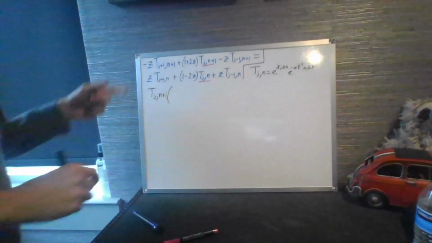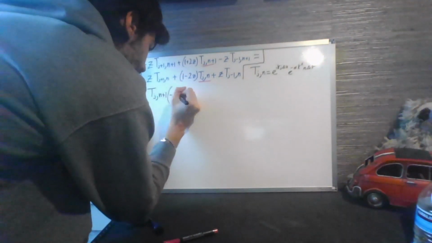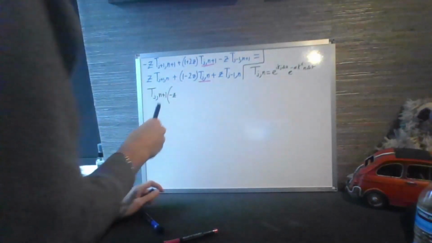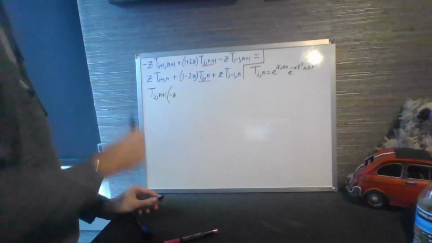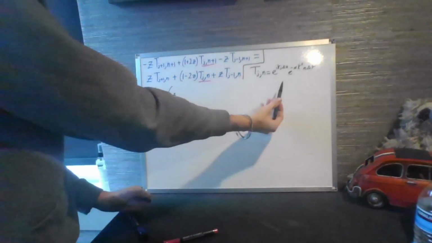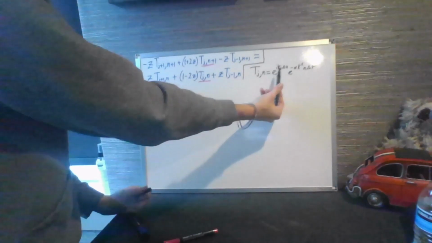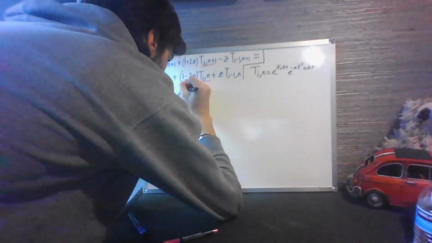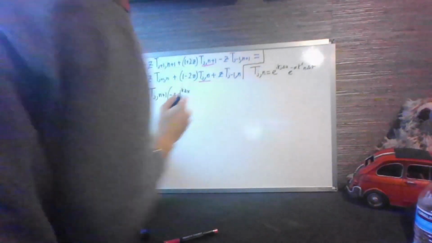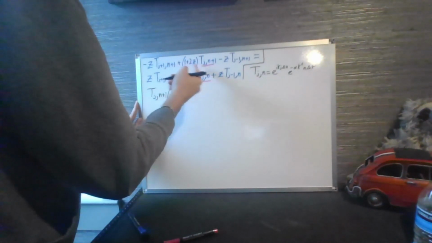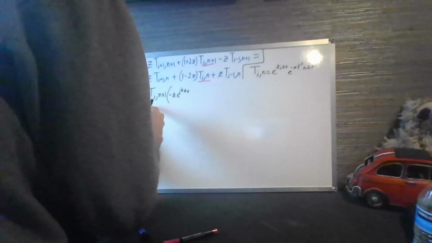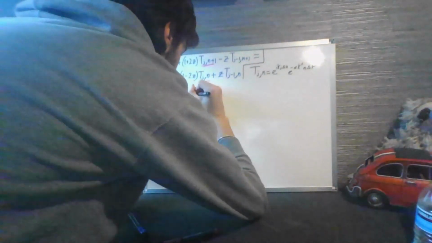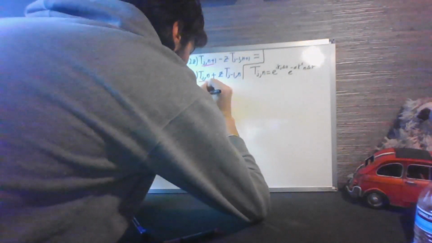Then the first term we have is negative z, and then we have j plus 1 compared to j. If you recall what we did, we plug in a 1 for j, so we get e to the ik delta x. That is the exponential for the first one. Then we have plus 1 plus 2z at the current one, so we just bring that coefficient out to the front, 1 plus 2z.